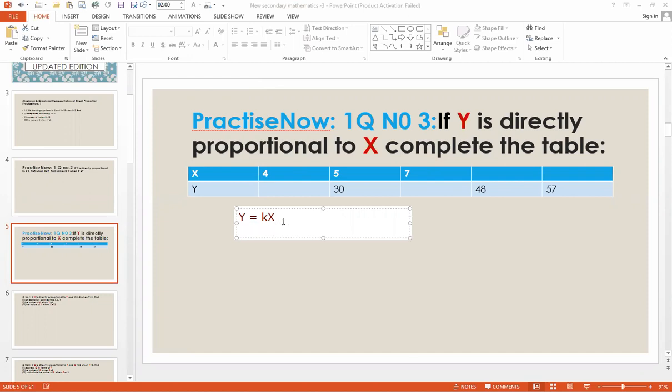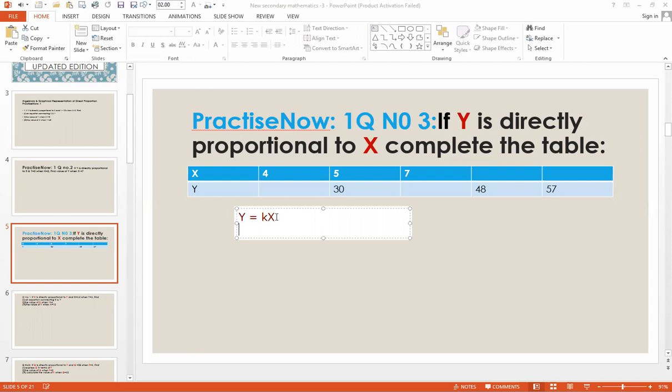Here, two variables are given, x and y. In the first column they just gave you the value of x, that is 4, but they don't give you the value of y. Similarly, in the third column they gave you the value of x, that is 7, but no value for y. Similarly, in column 4 they give you the value of y, that is 48, but no value for x.